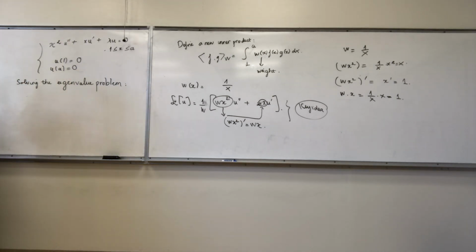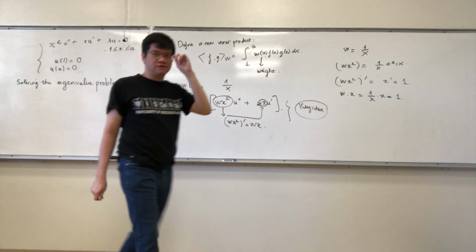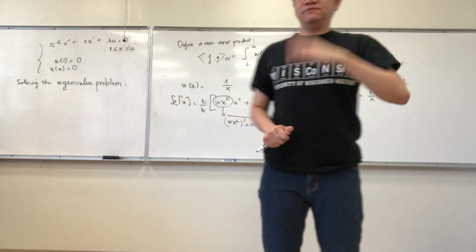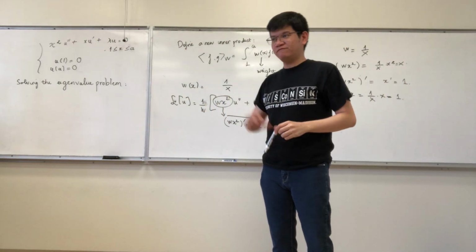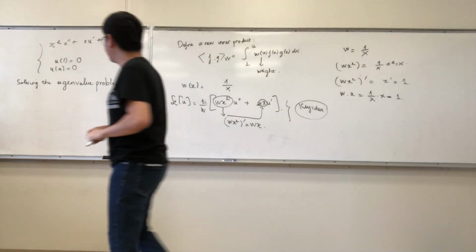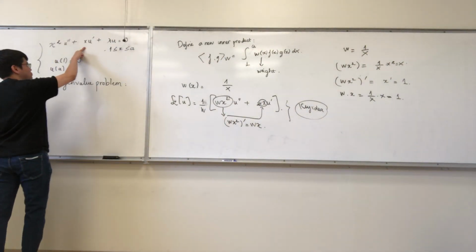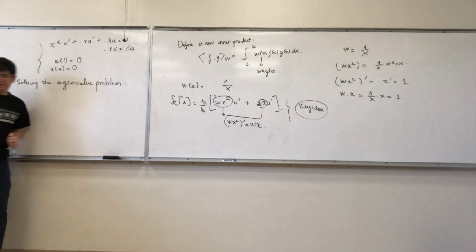Now you have to solve this eigenvalue problem. So this has a much different form. This has a very different form from the previous example, right? So you have x squared u second plus x u prime plus lambda u is 0.